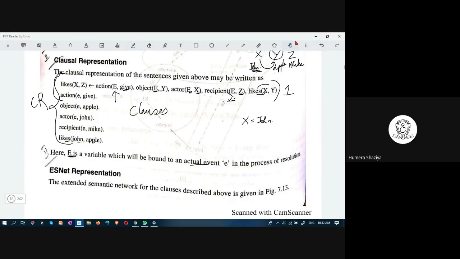Here, small e is the process of resolution. This is small e. From 1, this is 1, 2, 3, 4, 5, 6. From 2 to 6, these 5 statements denote the process of resolution.